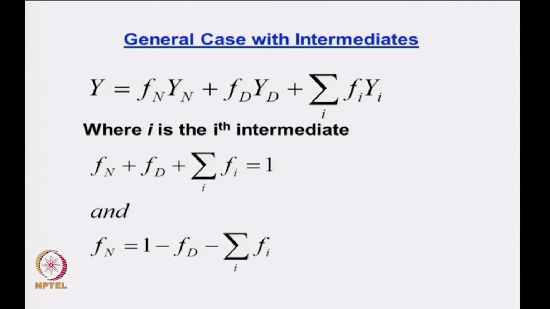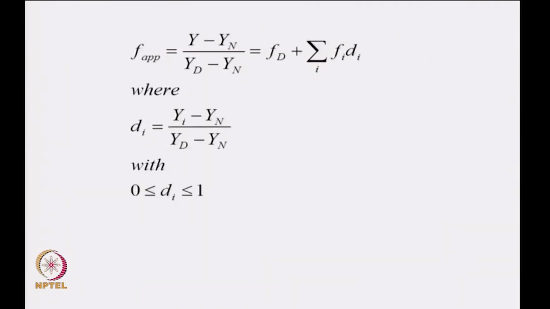Then I will go through the same drill. That means, again I will try to relate f_D or f_N, get K, and get delta G and go through that fitting routine possibly. Okay. So, what are the next set of equations? Here, instead of writing f_N or f_D, I write f apparent. Why do I write f apparent? Because this is not only one denatured state, I can have many intermediates now.